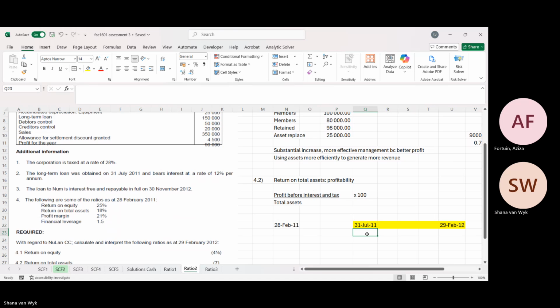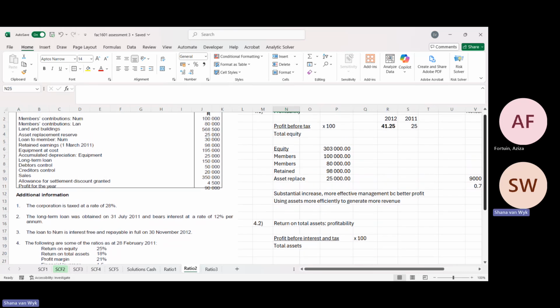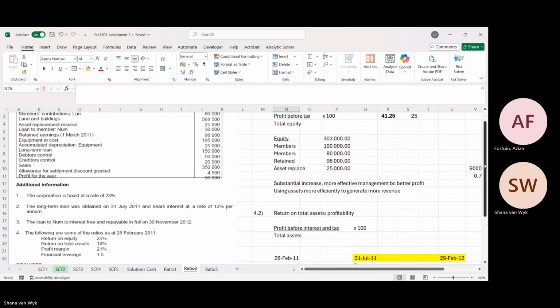And then 7 months. Okay, so long-term loan.